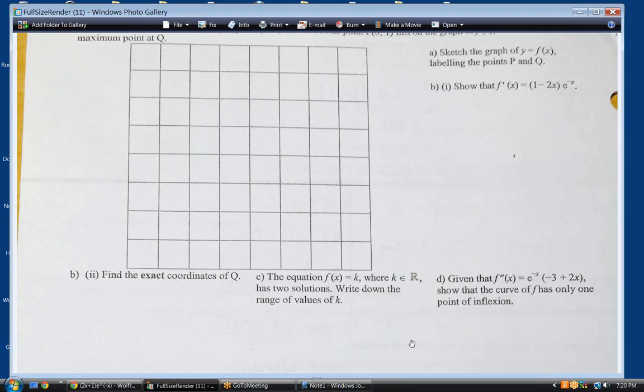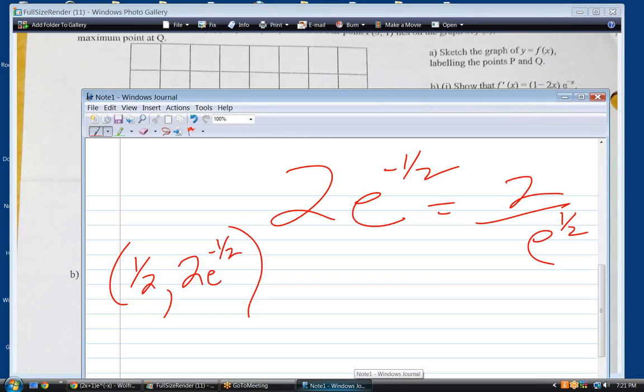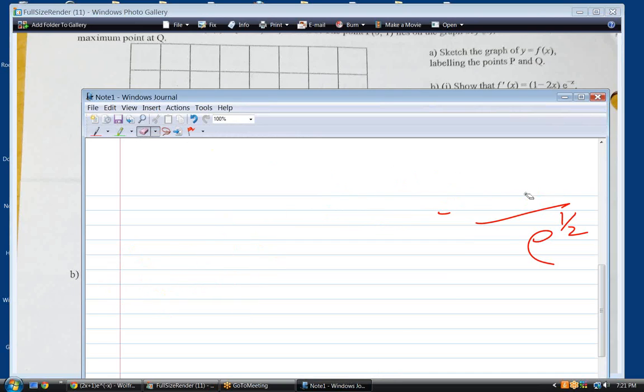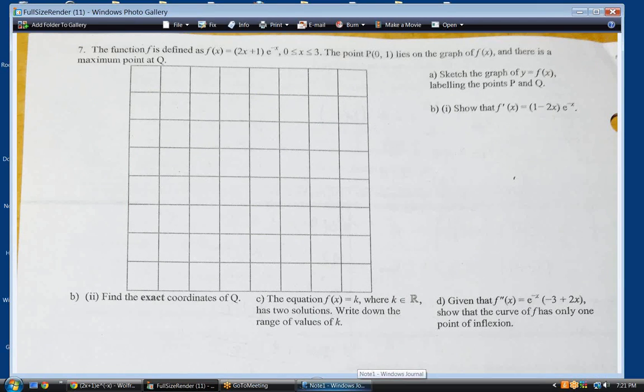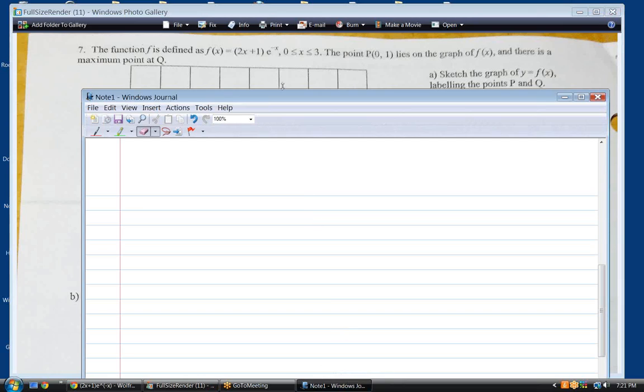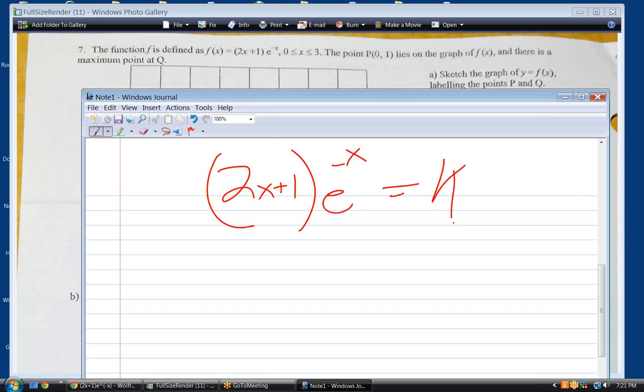It has two solutions. The only progress I was able to make was making the function equal k, since they say f of x is equal to k. Well, f of x is this, so I tried starting with 2x plus 1 times e to the minus x. That's f of x, and they're saying it's equal to k. And k can be anything, all reals.